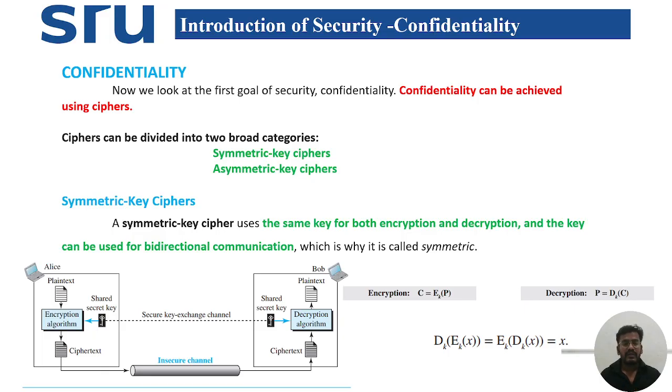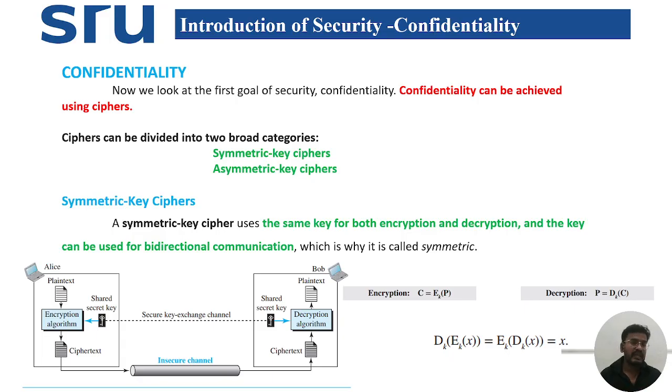Confidentiality can be achieved using a cipher method. Ciphers can be categorized into two methods: one is symmetric key ciphers, and the other is asymmetric key ciphers. These are the two categories for cipher techniques.